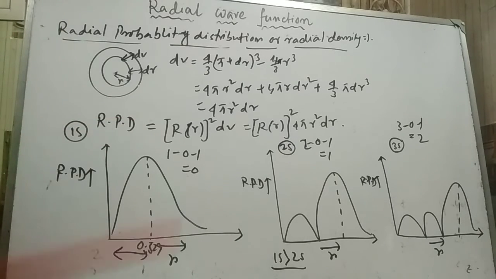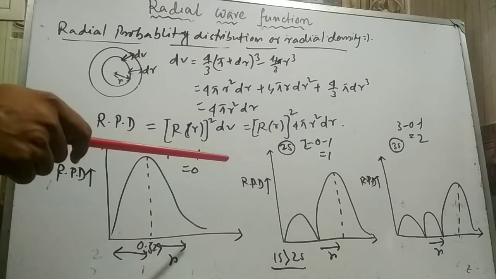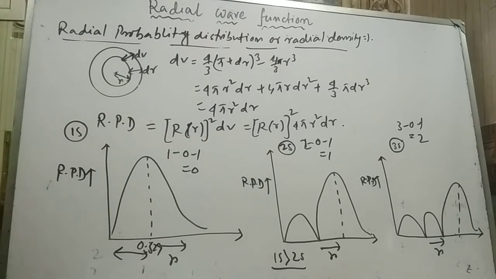is called the radial distribution function. Here the following curve is very important, and these things are very important for drawing the radial distribution curve.